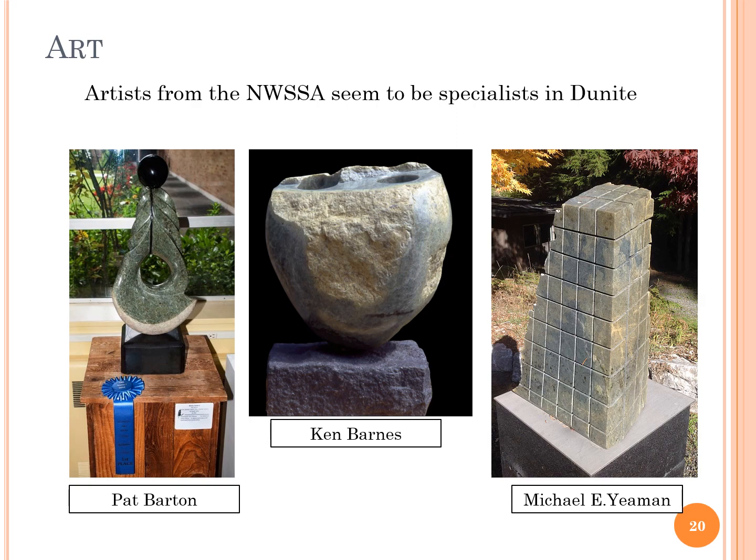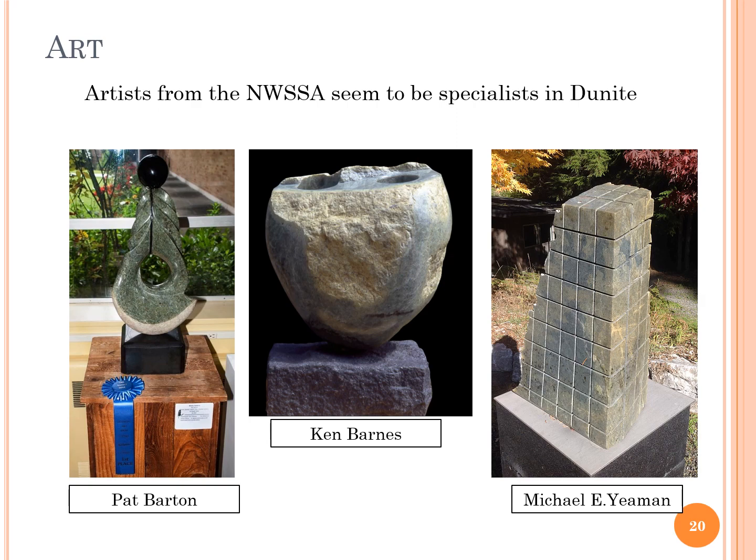The reason that's particularly important for the Northwest Stone Sculptors Association is because it's a massive outcrop, easy to access in the sense that it has a large active quarry, and that over the years, we've collected large amounts of Dunite from stream beds running off the Twin Sisters.